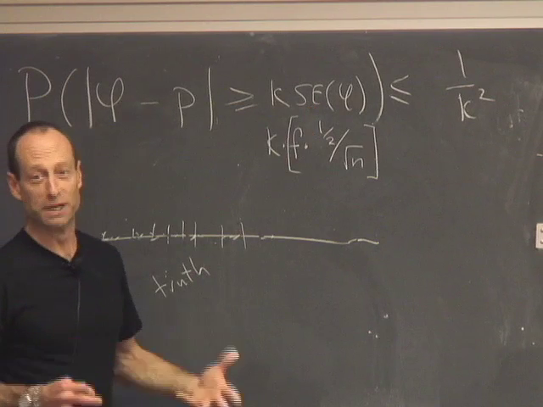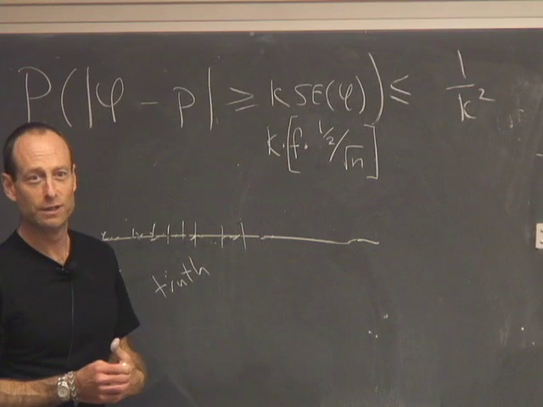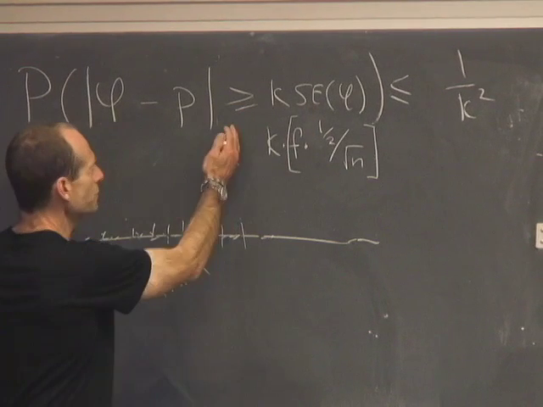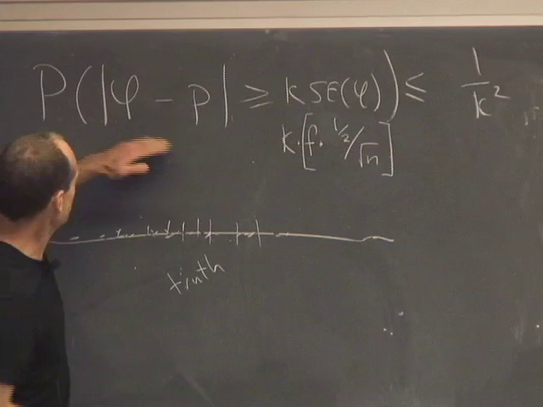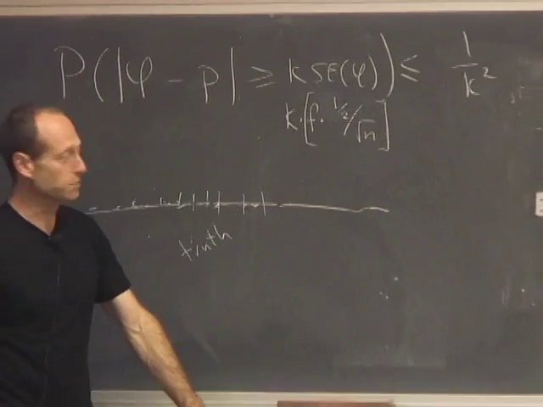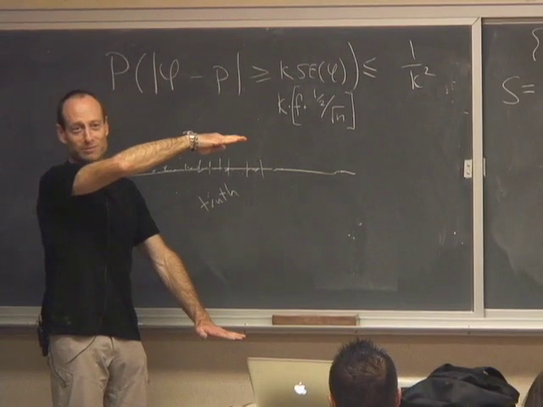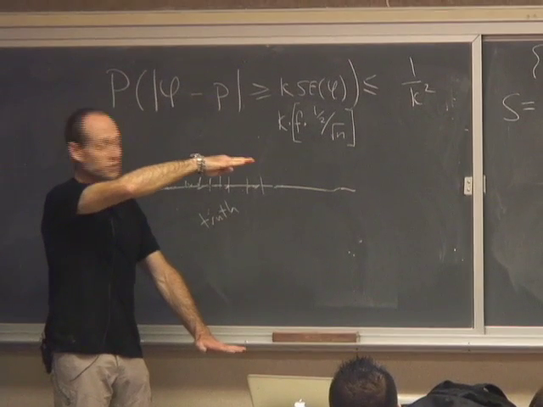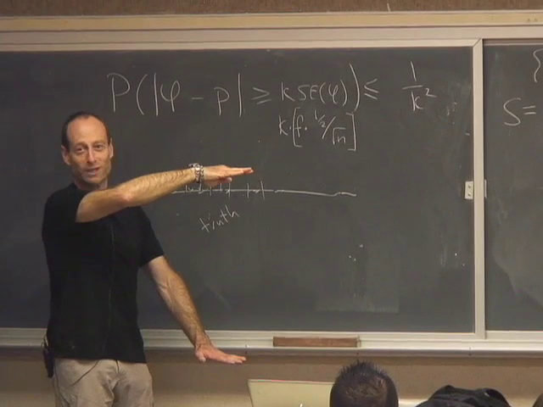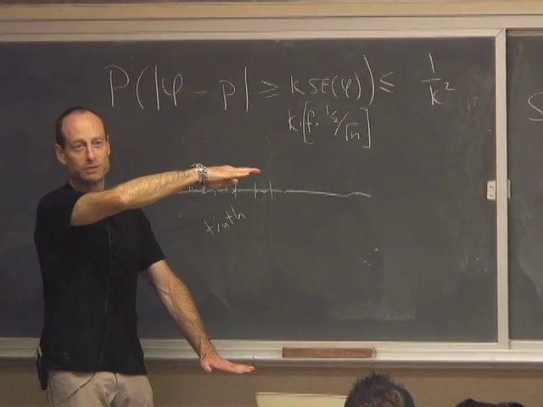It's at least as big, if not bigger. So if the chance that this difference is bigger than this is at most 1 over k squared, what's the chance that it's bigger than this? Still can't be any bigger than 1 over k squared. It's still an upper bound.